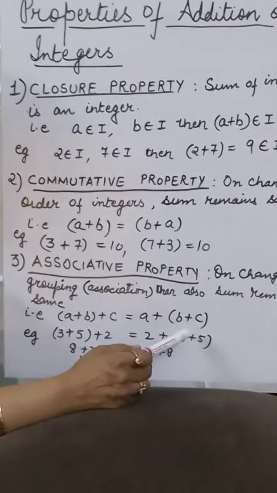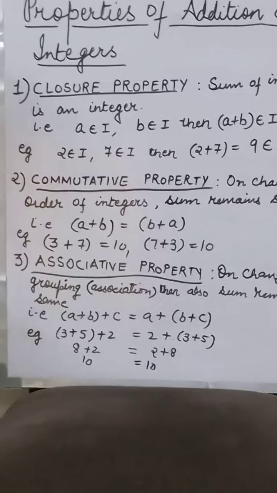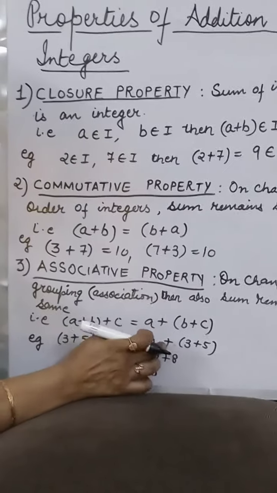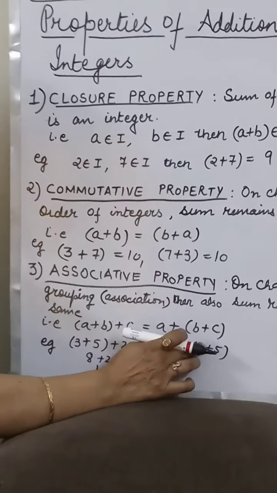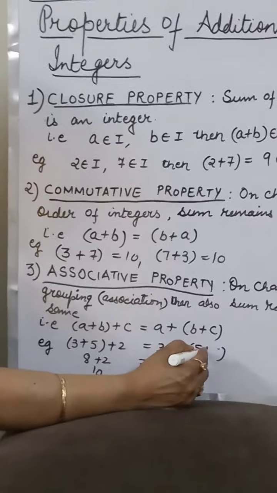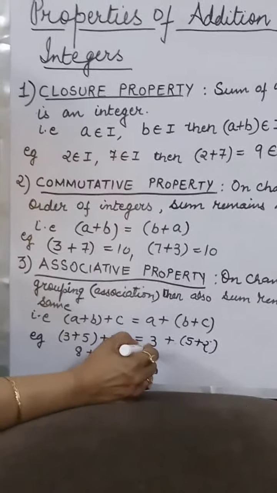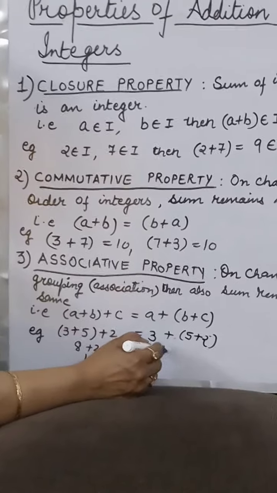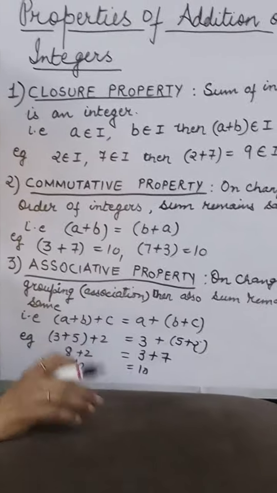Now I change the grouping. I keep 3 as it is outside, and I change the group to 5 and 2. So it will become 3 plus the bracket 5 plus 2. Now we solve the bracket first. So 5 plus 2 will become 7. 3 plus 7 is equal to 10.